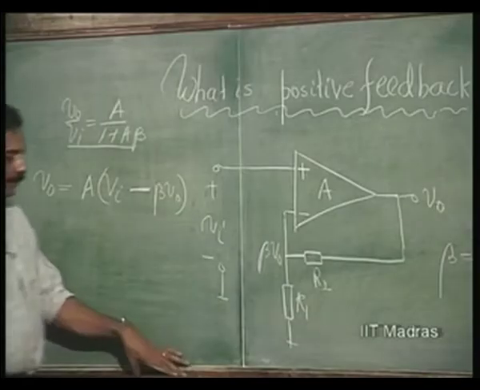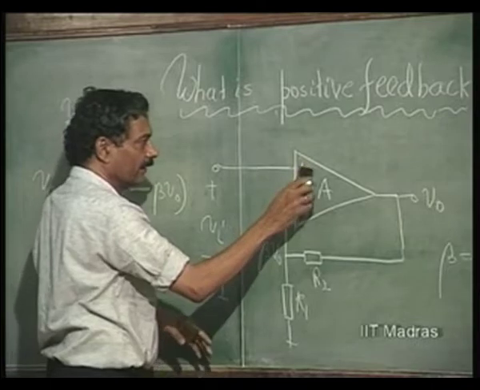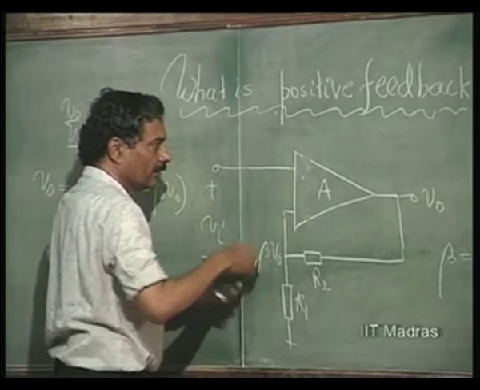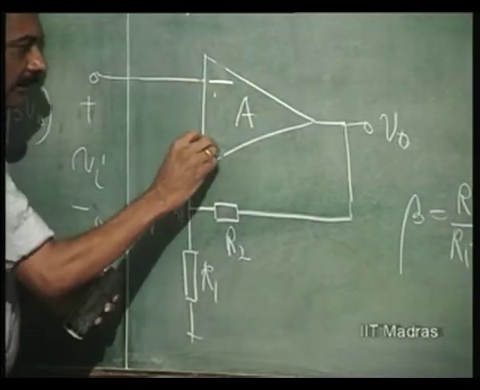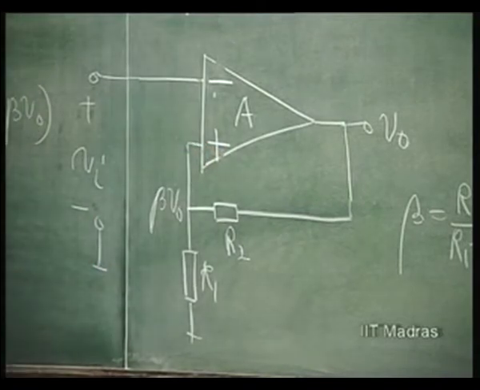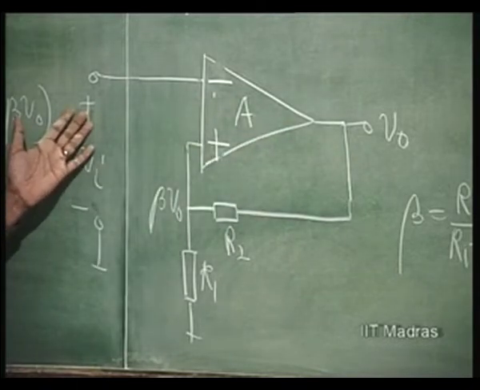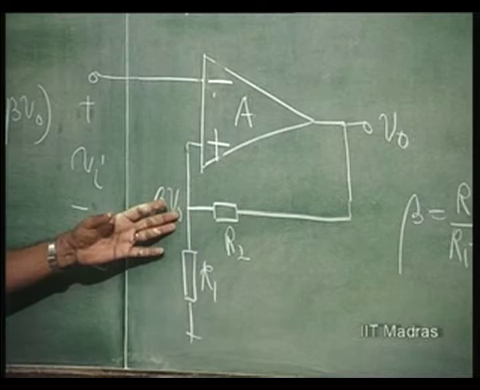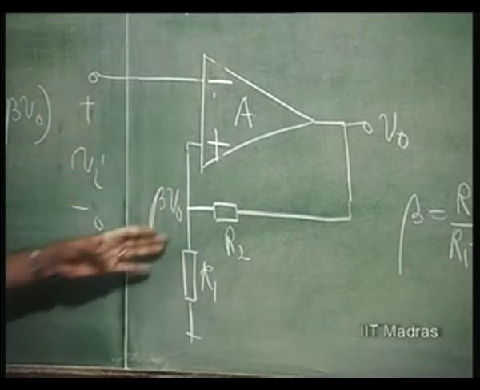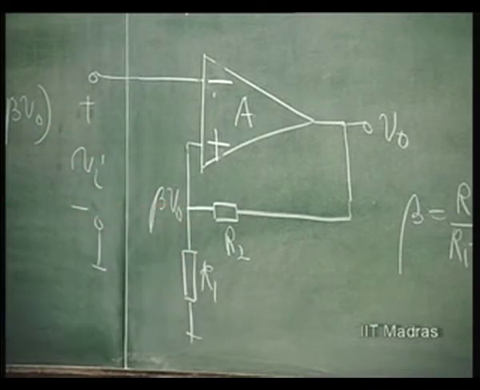Now, I am going to make it different. This is going to be minus and this is going to be plus. So, V naught and Vi are out of phase, and this beta V naught is going to be coming in series with Vi. So, what happens here now?